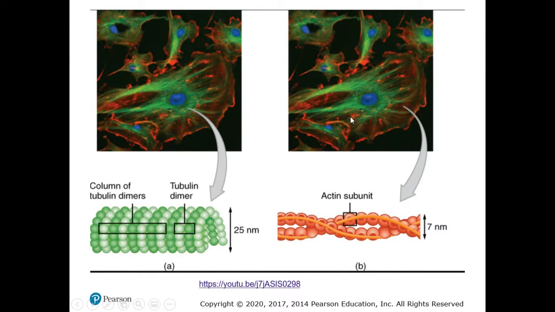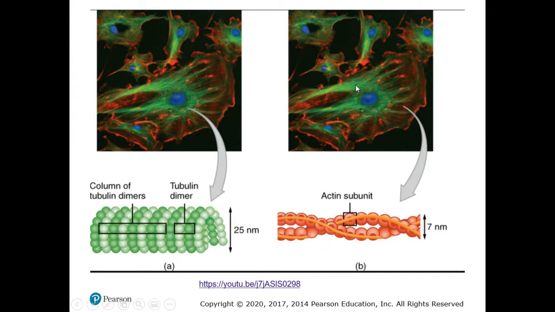Now, these images are not electron microscope images. These are fluorescent microscope images. So what we're looking at here is the cytoskeleton being stained, and looked at by using fluorescence.